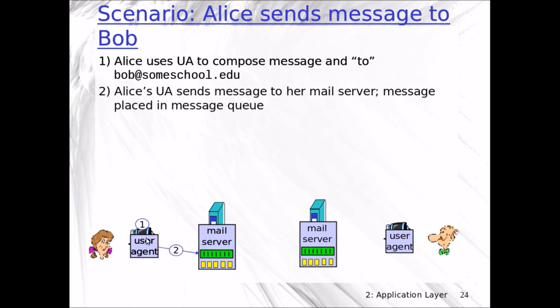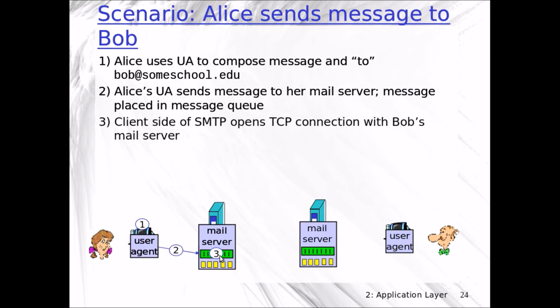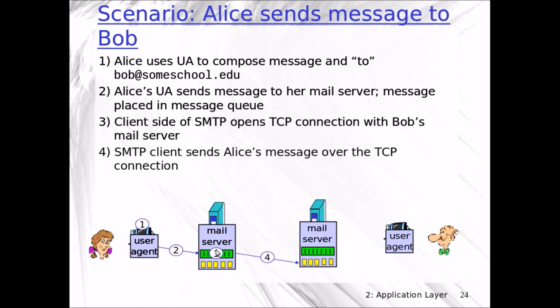Alice's user agent sends the message to her mail server, and the message is placed in the message queue. The client side of SMTP opens a TCP connection with Bob's mail server. Here is Alice's mail server. A TCP connection is initiated with Bob's mail server. The SMTP client sends Alice's message over the TCP connection.